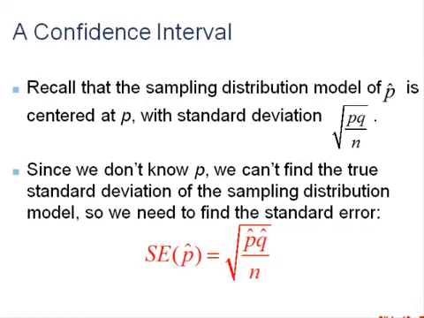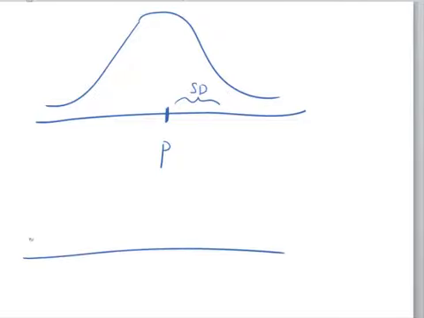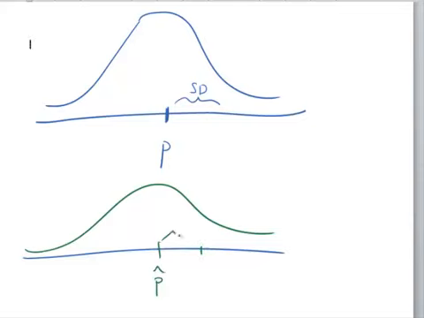So when we talk about a confidence interval, remember how we're going to use these pieces here. And I'm going to switch over really quick to remind us about sampling distributions. So what we're saying now is that we could talk about this curve. We're hoping to land at p, because we're hoping to figure out what is the true p, and this standard deviation that we talked about. Now what we're going to have instead is our sample. So we have p hat, and we're going to try to estimate that standard deviation with standard error.